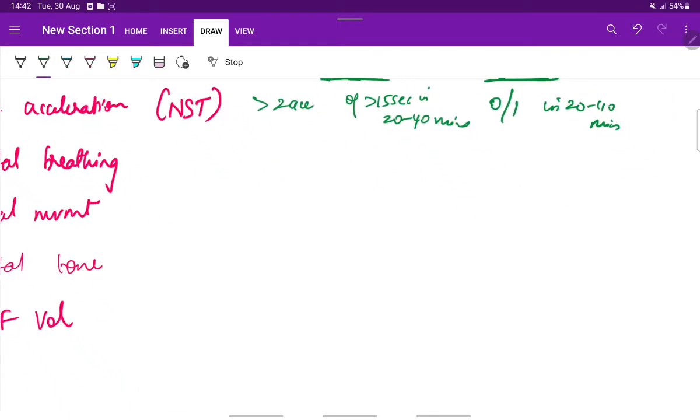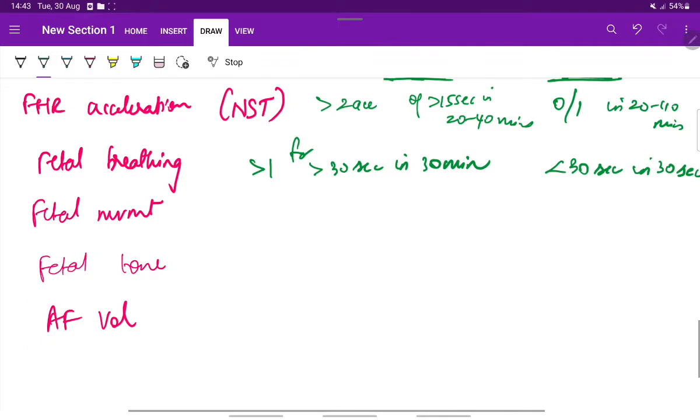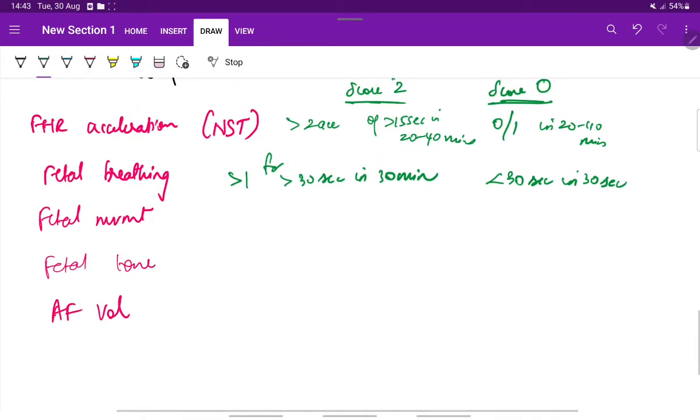Next, fetal breathing. When there is more than one episode of breathing lasting for more than 30 seconds in 30 minutes, it is given score 2, whereas if there is less than 30 seconds of breathing in 30 minutes, it is given score 0. Next is fetal movement.